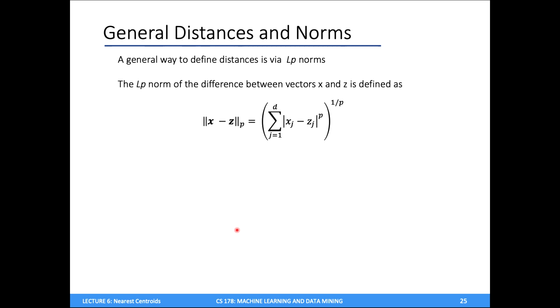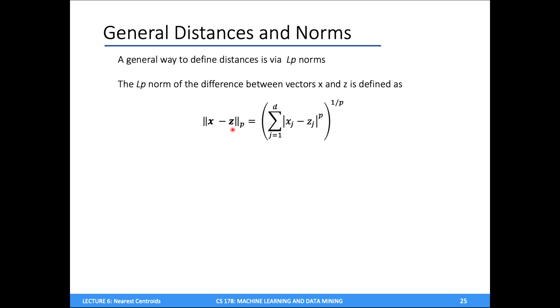So the Euclidean distance is just one example of a distance function we can use. There are other ways we can measure distances that aren't the formula that I showed. And if you remember from Wednesday's lecture, we introduced this notion of an LP norm. Again, the idea of a norm is that it measures the size or the magnitude of a vector. And in order to get a distance from a norm, we'll take the difference between our two vectors, so x minus z, and then we measure how big that difference is by taking its norm.